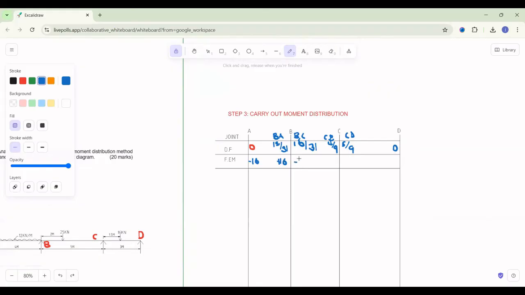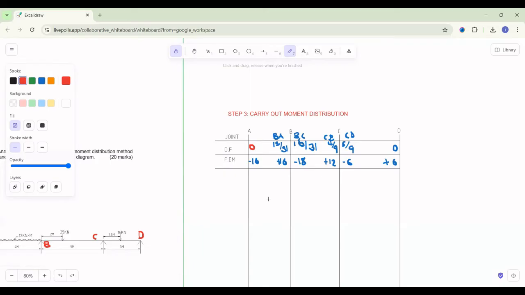It will be negative 18, will be positive 4, it will be negative 6, and this will be positive 6. All right.